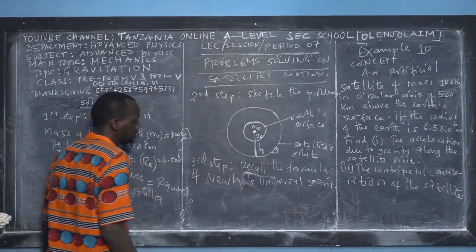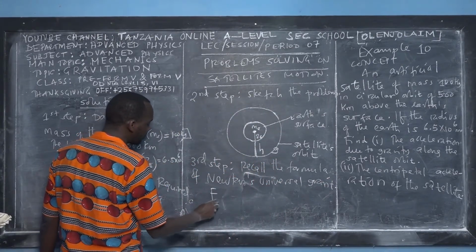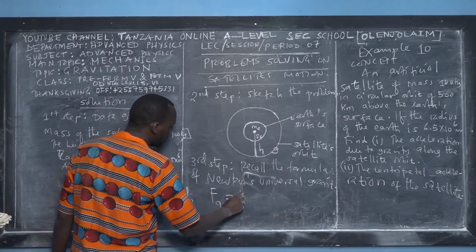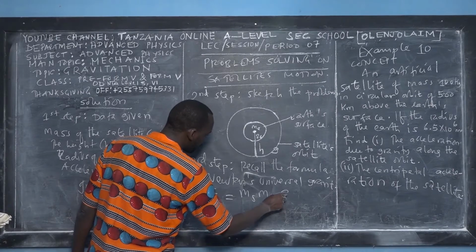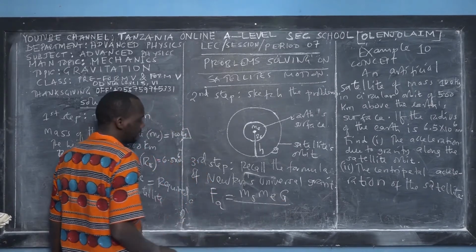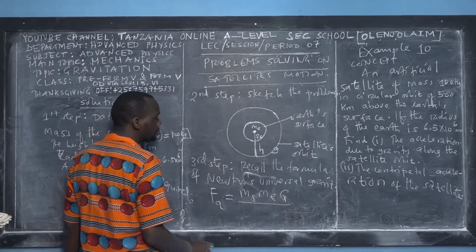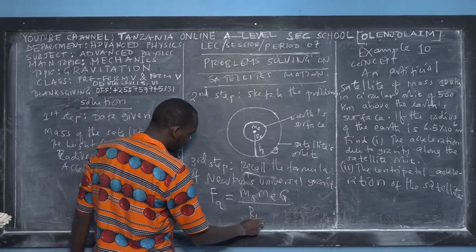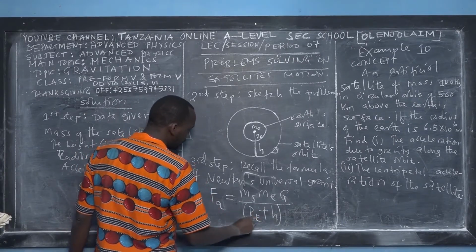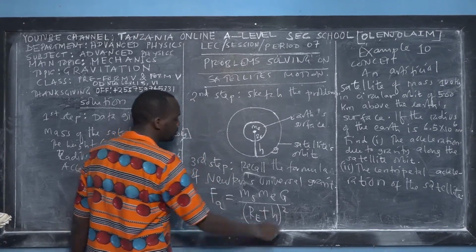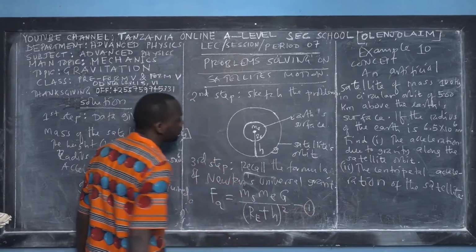The formula says that the force of attraction between the satellite and the Earth is the mass of the Earth times the universal gravitational constant, and then the radius of the Earth plus the height above the Earth's surface, all squared. So this will be our first question.